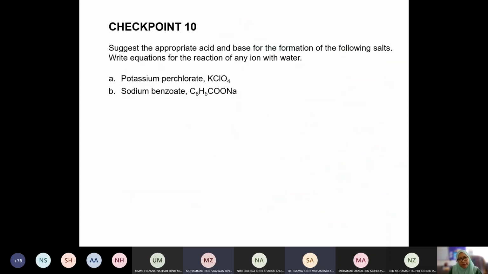Suggest the appropriate acid and base for the formation of the following salt. Write the equation for the reaction of any ion with water. Okay, we have done this. In fact, I showed you in the prediction just now. We can predict from the salt what type of acid and base were used to produce this salt.